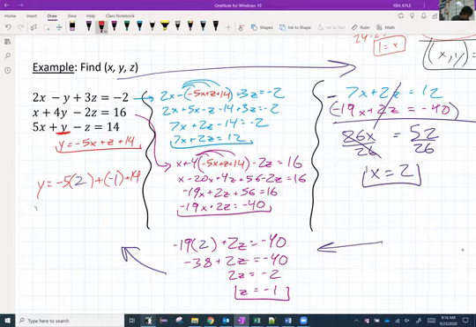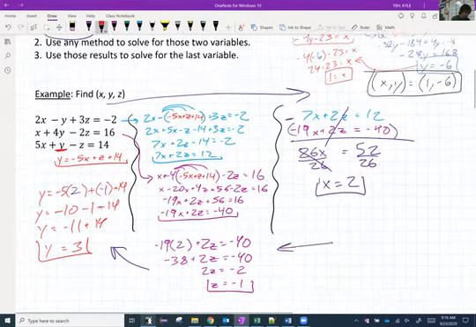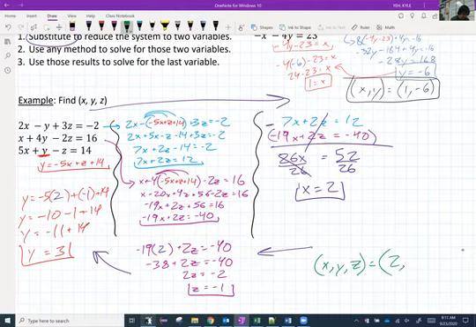So we're saying that y equals negative 10 minus 1 but plus 14, negative 11 plus 14. It looks like y equals 3. And at the end of the day, it looks like x, y, z should equal 2, 3, negative 1.